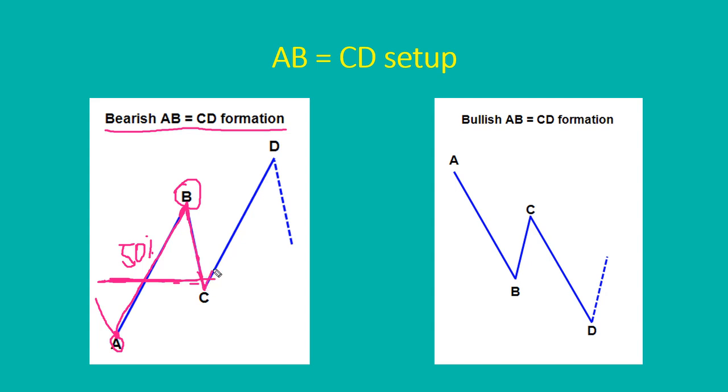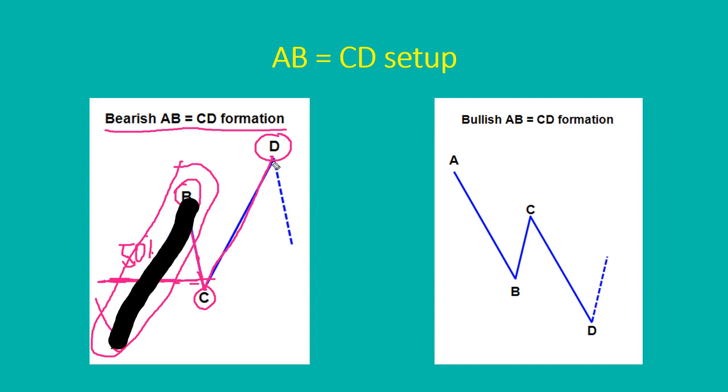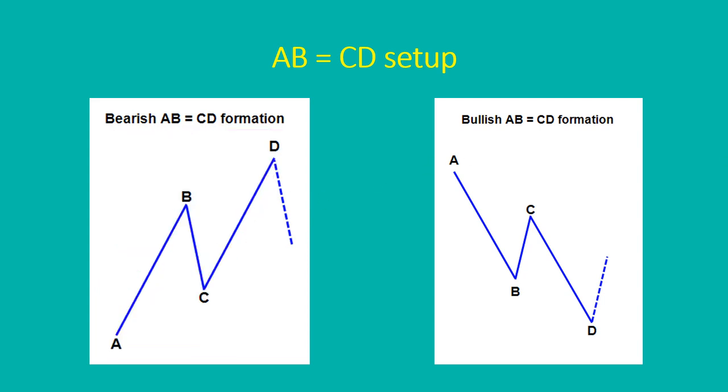Then you want to see movement upwards from the C, and then you identify the point D. So this distance is the same as this one. And from the point D, you want to go short. Right here, you go short. The same, only reversed, goes for the bullish ABCD formation.